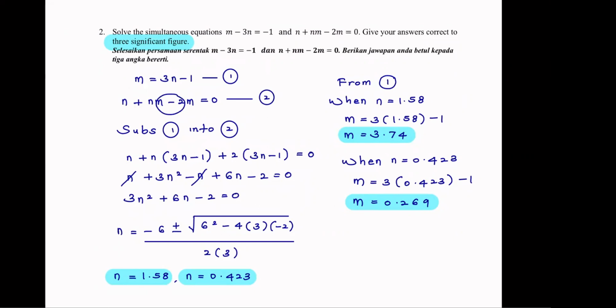Wait, I think I already done a mistake over here. This one is supposed to be minus. So it's going to be 96n plus.